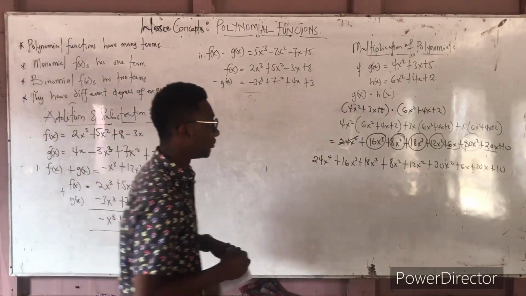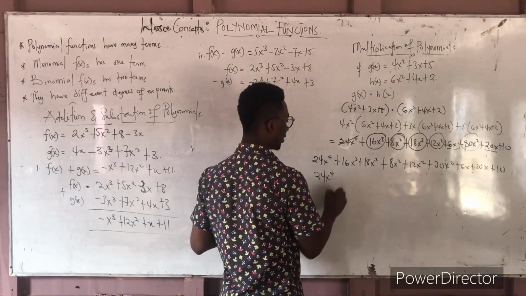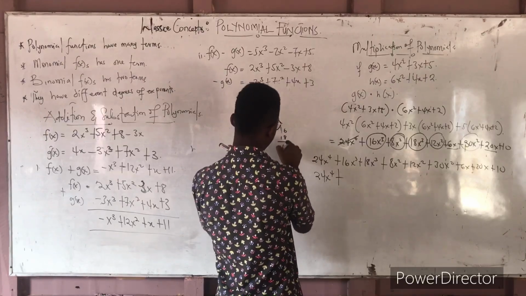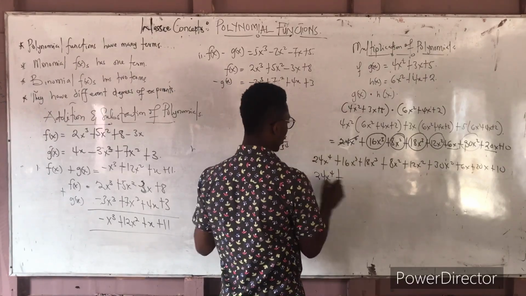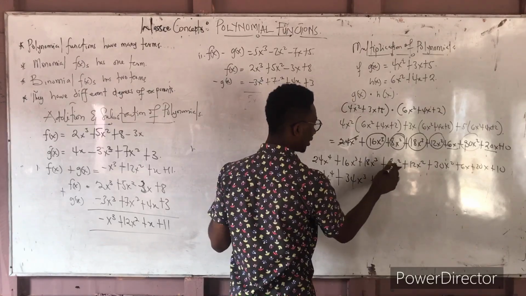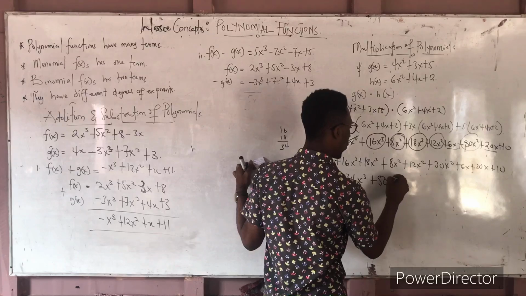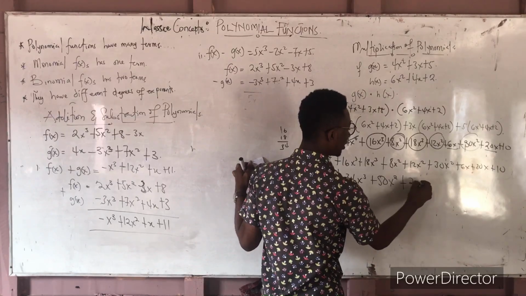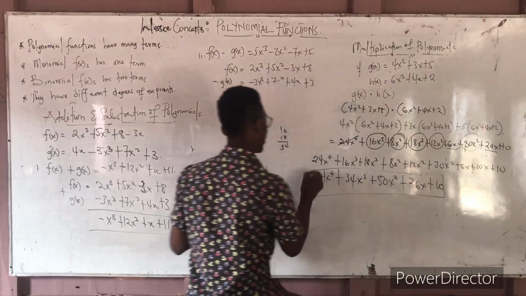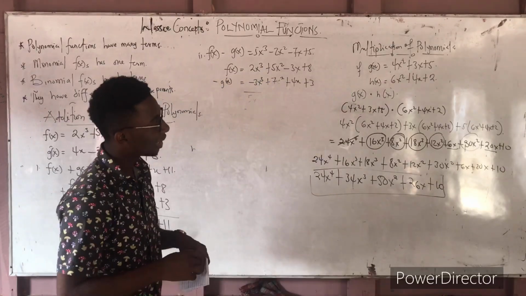Okay, so if you group like terms, now we can just operate on them. 24x exponent 4 plus 16 plus 18, so that gives you 34x cubed plus 8 plus 12 plus 30, that gives you 50x squared plus 26x plus 10. And this becomes the multiplication of g of x and h of x.